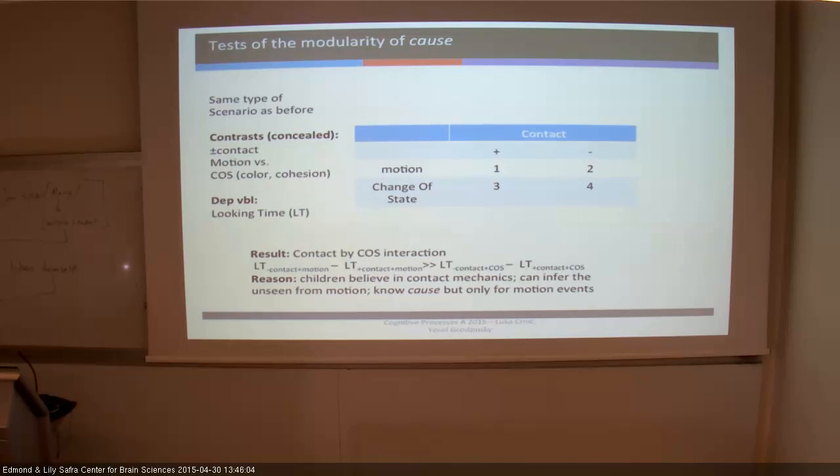And yeah, it turns out that kids can infer the unseen, but the thing is they understand this notion of cause only for motion events. So if you change the state, if the object doesn't move but rather changes color, the kid is not surprised. Things like that, and then you do it with many different other things. You want to see if the introduction of some human or humanly resembling object changes the situation.